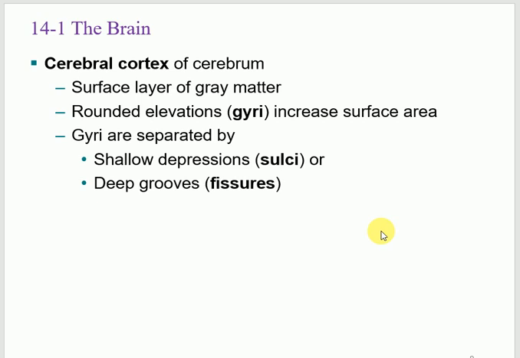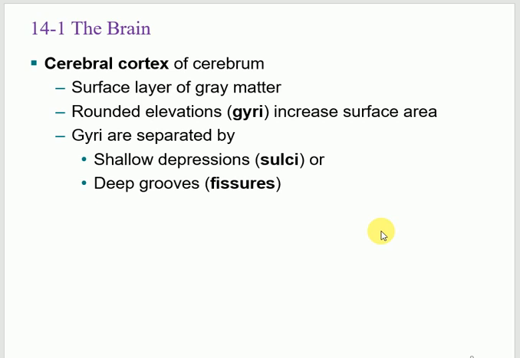The surface of this cover or cortex is not flat. There are some depressions or grooves and some elevations. Elevation, depression, elevation, depression. It's waving like this. The elevation is called gyri, or the singular is gyrus.